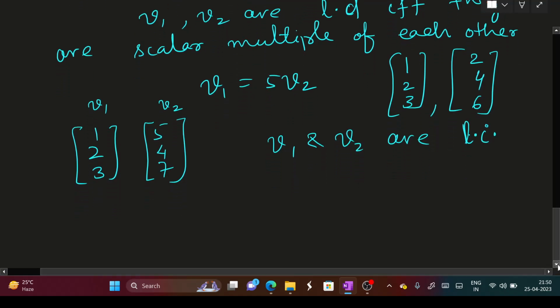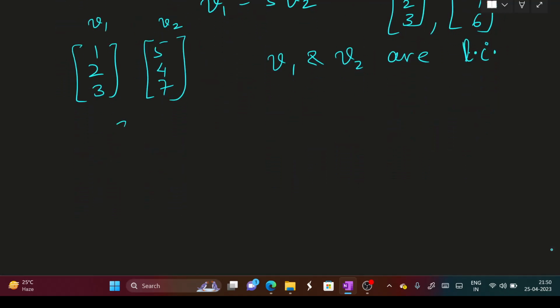Now, if I have several vectors, suppose I have a set of vectors V1, V2 and so on up to Vn.